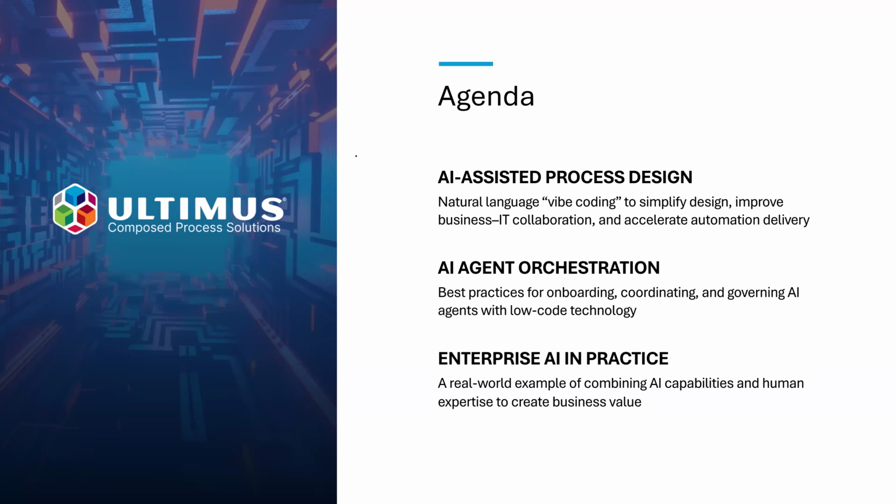And finally, Naveed will bring everything together in a practical quiz approval example, showing how AI and human expertise can work together in a real enterprise process. After this, we will have a quick QA session, so please share your questions with us already during the presentation using the Q&A function. With this, let me hand over to Naveed.